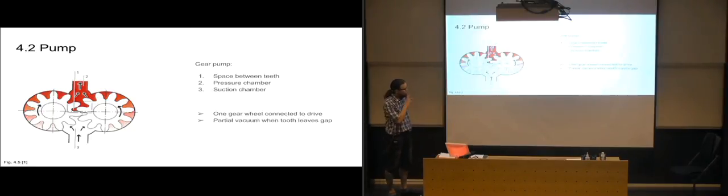And as the tooth leaves the gap in here, so the teeth will connect to each other, it will create a partial vacuum inside between these teeth, because they are basically in full contact with each other, so that as one tooth is leaving, it will create a small vacuum in there.